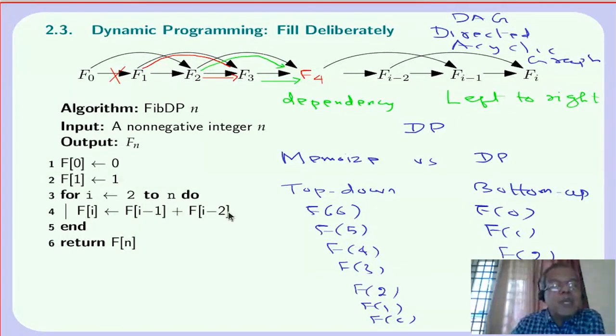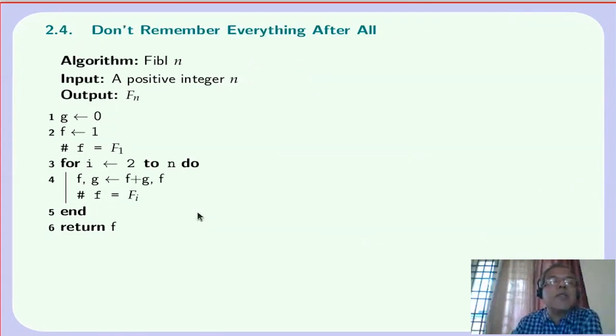In that case, instead of maintaining them in an array of size n, it is enough to maintain only two variables. And that is the version that you normally write. Don't remember everything after all. This version is motivated from DP because even though we are filling the whole table, actually we need only two entries from the table. Therefore, instead of maintaining the table, maintain just the two entries in two variables f and g.